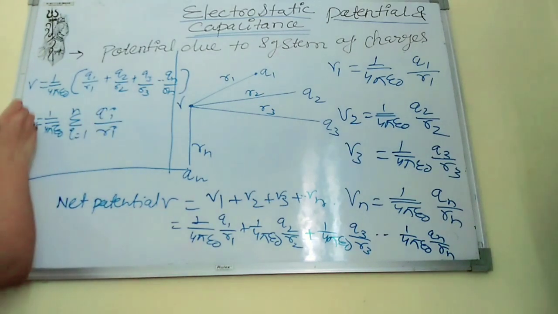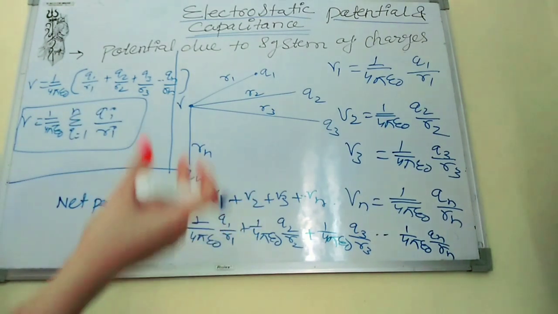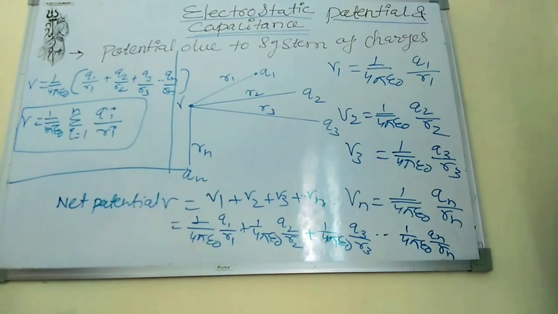This is the basic expression for the potential due to a system of charges, where i goes from 1 to n. Here we simply put 1, so it becomes Q1 upon R1, then again we put 2, then 3 and 4, up to n. So this is the basic potential due to a system of charges. Just note it down or take a screenshot.